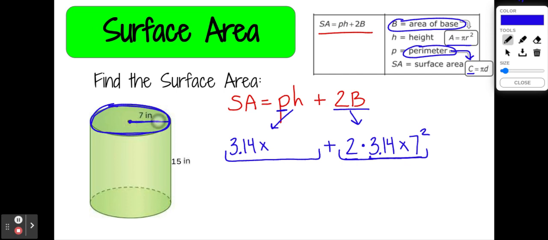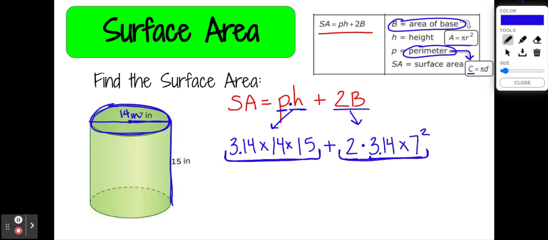If 7 inches is the radius, all the way across would be 14 inches. That would be our diameter. Then I have to multiply that by the height, and the height, up and down here, is 15. So I multiply that by 15. Now I have my pH, which is perimeter times height, or circumference times height, and here I have the area of the two bases.